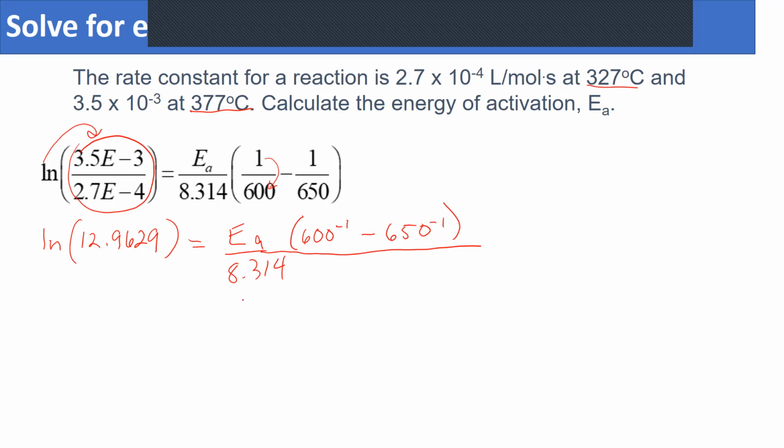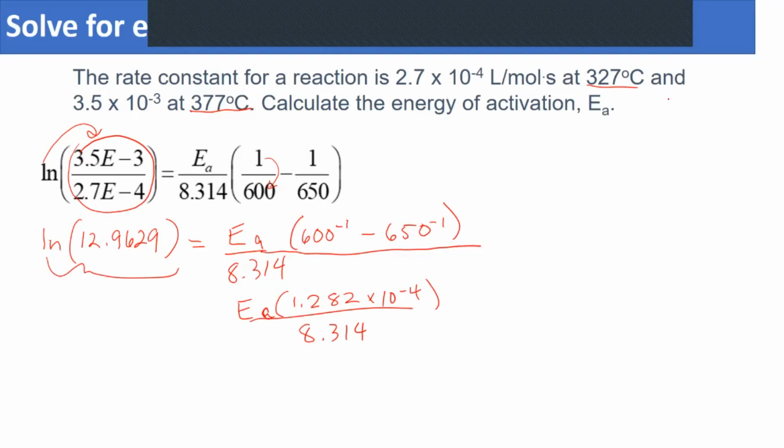All right, so we're going to end up with E sub A times 1.282 times 10 to the negative 4 over 8.314. And then I take the natural log of this number.